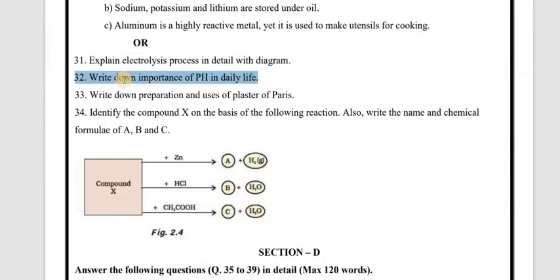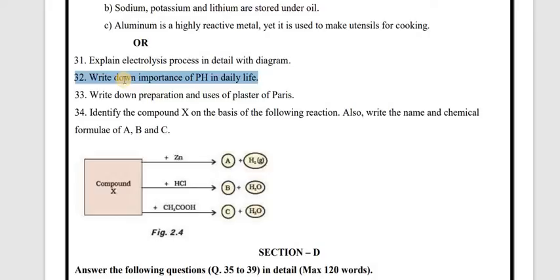Question number 32. Write down the importance of pH in daily life. This is chapter number 2, acid and base. In that we have to write the importance of pH in daily life.